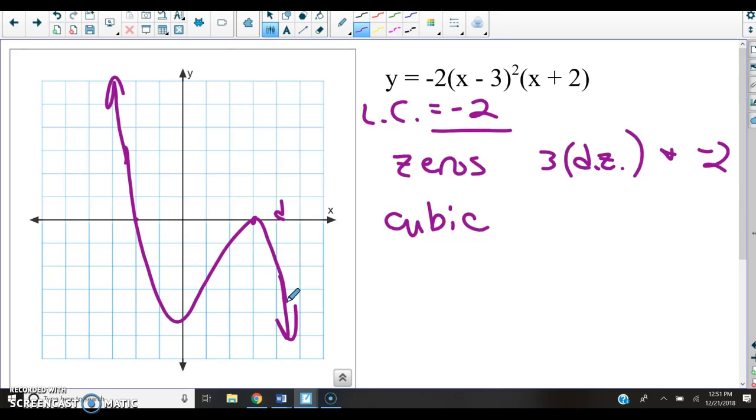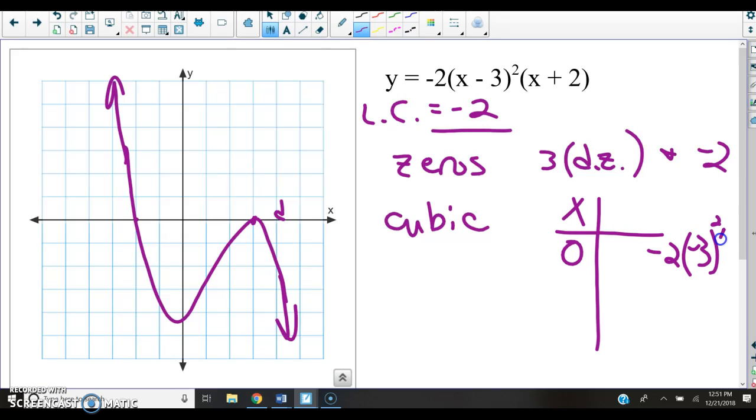Now, do you notice what I did not do? And I want you to do it, so I'm going to go back and put it in. I'm going to put 0 in for x. So I'll have -2 times -3 squared times 2. And to me, that looks like -36. Okay, you could check up on me, I might be wrong. I think it's -36.